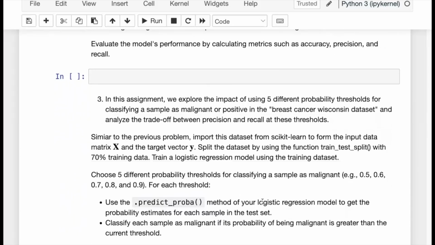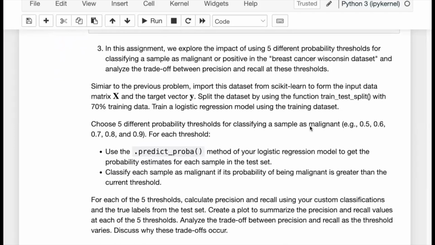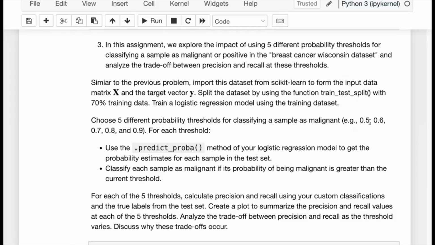And in the last problems, we want to work with these probability thresholds that we just mentioned, right? What happens if we use 0.5, which is the common value to assign data points to classes, versus 0.6, 0.7, 0.9, these different values. In this case, you first have to use the predict_proba method to get these probabilities, and then based on those, you can assign labels to data points.